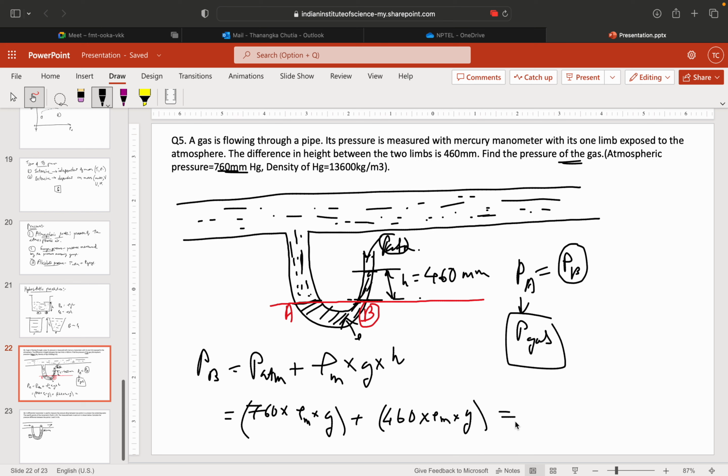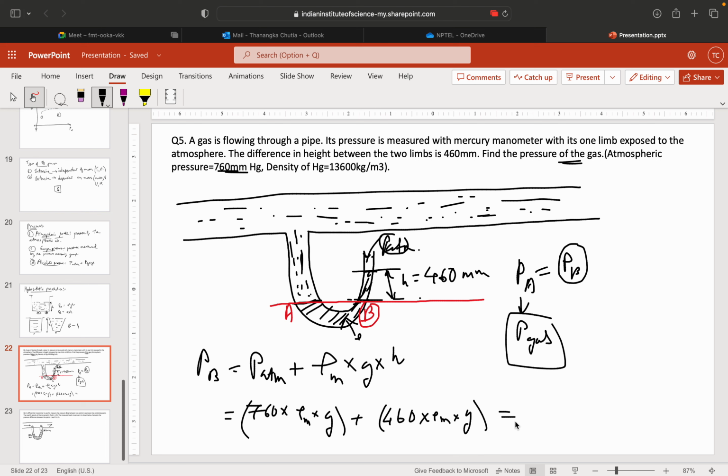So it will be 0.760 into rho m, which is 13600, into g, which is 9.81, plus 0.46 into 9.81 into 13600.